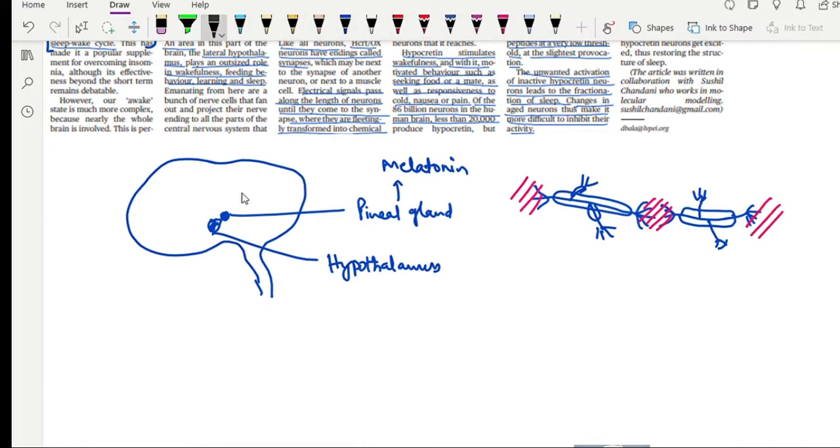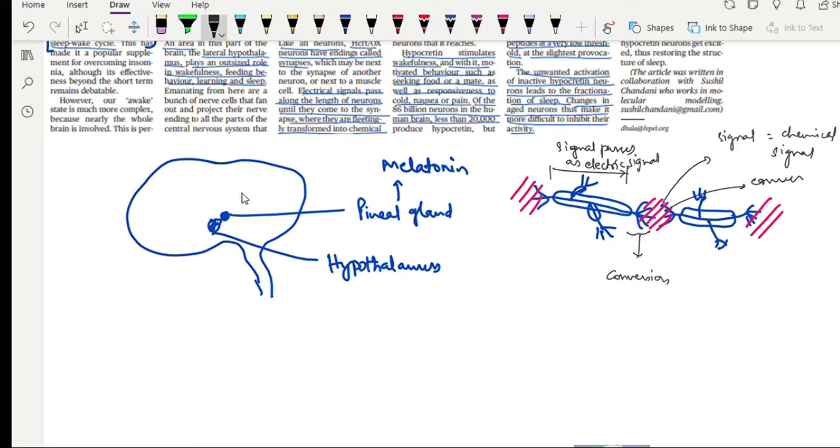In this section the signal passes as an electric signal. Here the signal is a chemical signal. So somewhere here there is a conversion, I'll come to it. Again here a conversion from electric to chemical, from chemical to electric, and then again an electric signal here. You understand it? So it goes on like this.